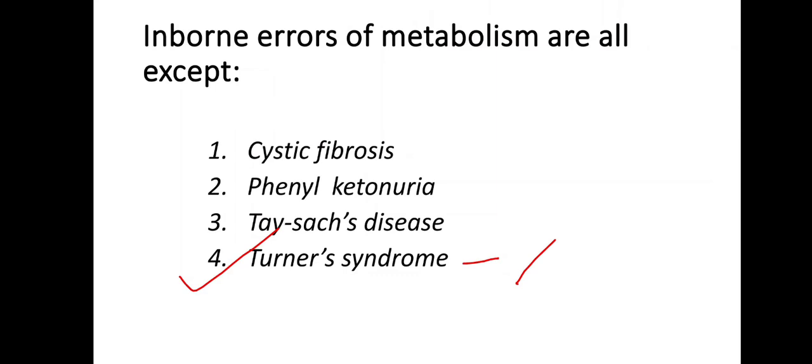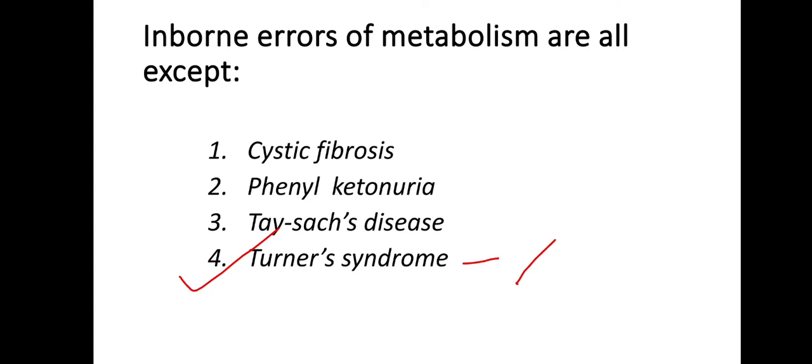Next is phenylketonuria. Phenylketonuria is also an inherited disorder that causes a buildup of phenylalanine. Increased amount of phenylalanine will be there. It is an essential amino acid. Usually phenylalanine hydroxylase is needed to break down the phenylalanine.